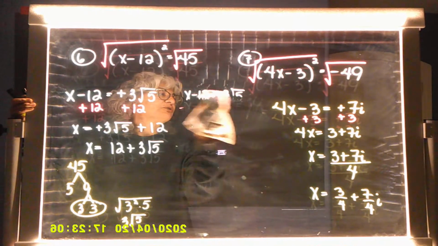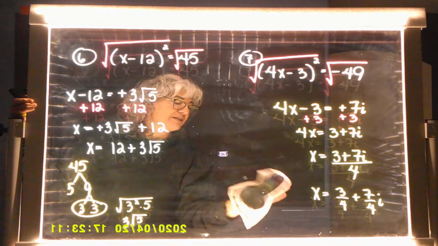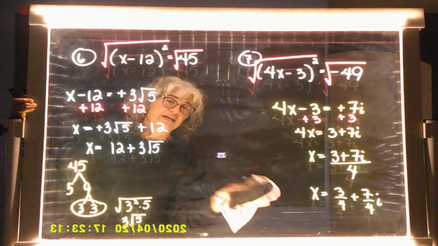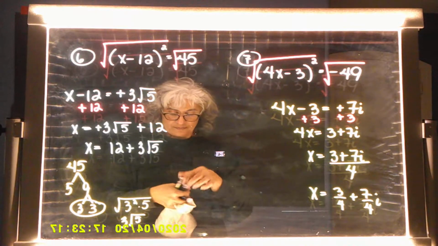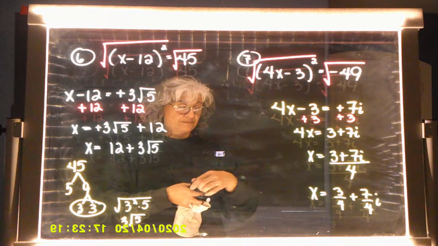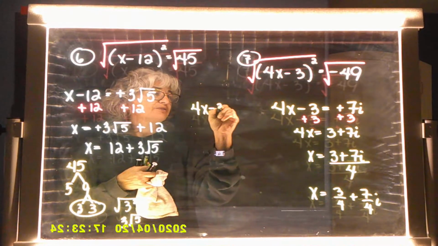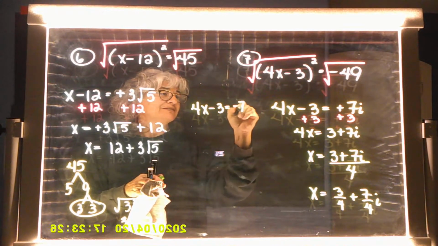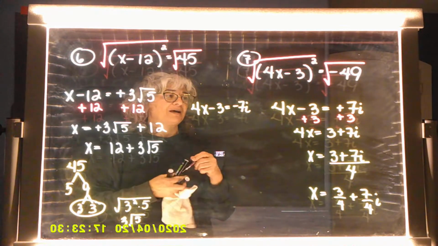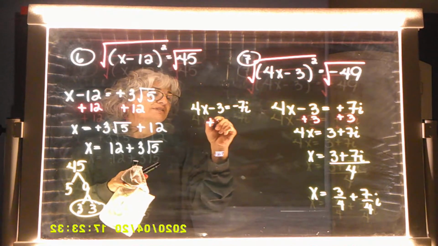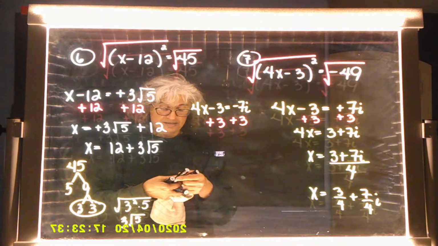We knew when we took the square root of negative 49, we didn't just get a positive 7i, we also got a negative 7i. So I have 4x minus 3 equaling negative 7i. I need to add the 3 to both sides. Can you add an i with a non-i?